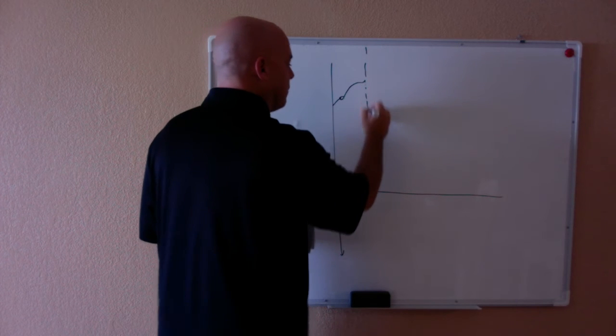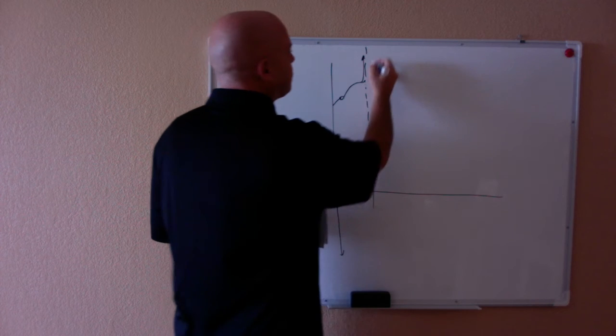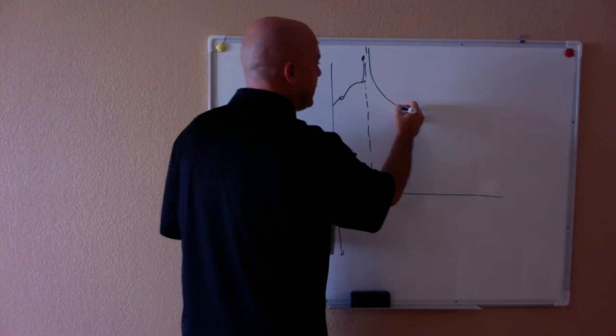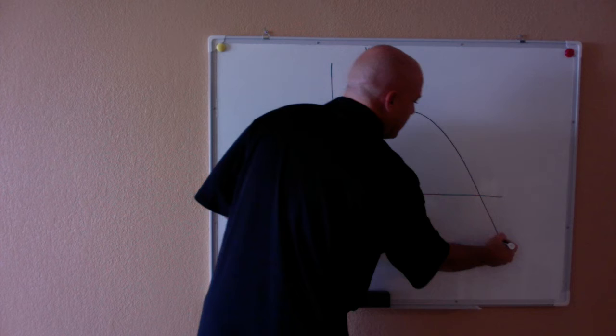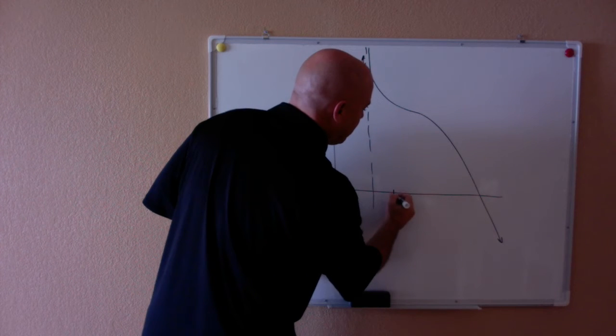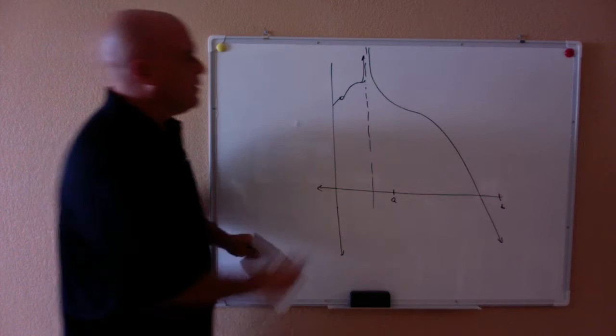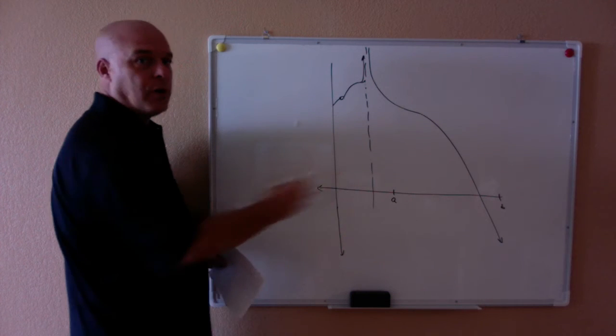I'm going to put some vertical asymptotes in here just to have fun. Okay, so let's say that this does something like this. And let's say that here is A, and here is B. So it doesn't matter what's happening to the function outside of that interval.